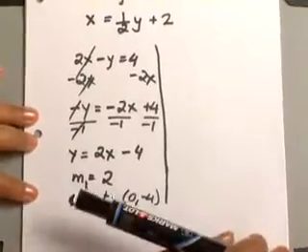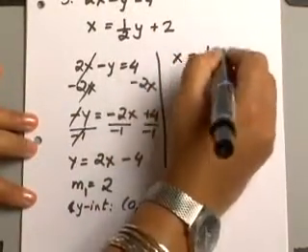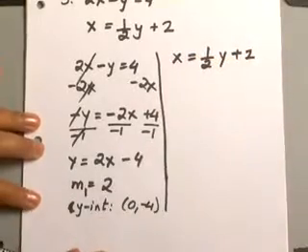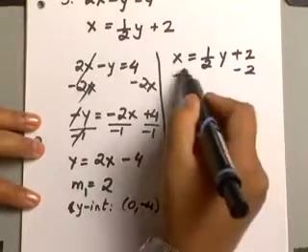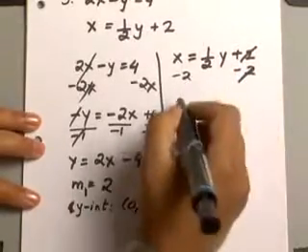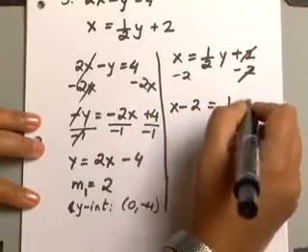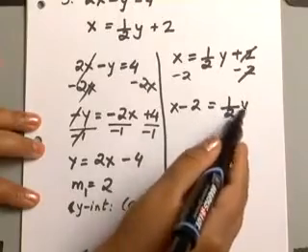What happens with the second equation? You have x equals 1/2 y plus 2. We'll go ahead and get y by itself, so let's start by moving the 2 over, which gives you x minus 2 equals 1/2 y. Now we want to get rid of that 1/2 on the y.